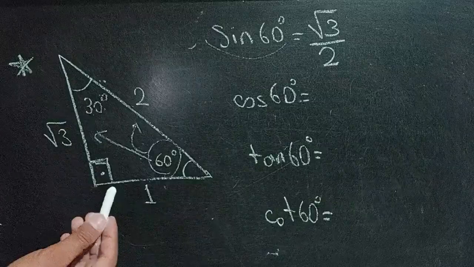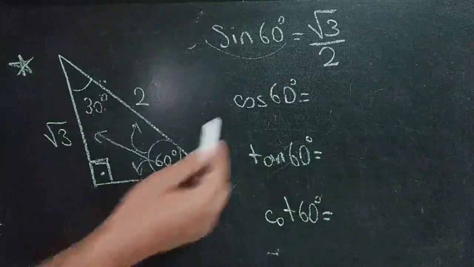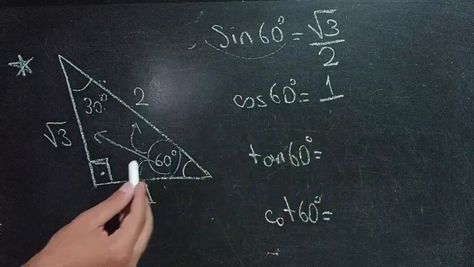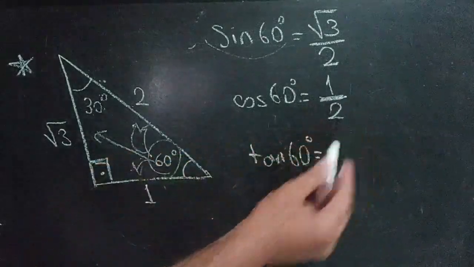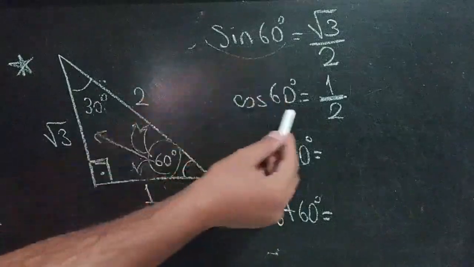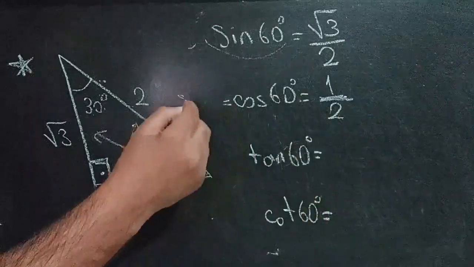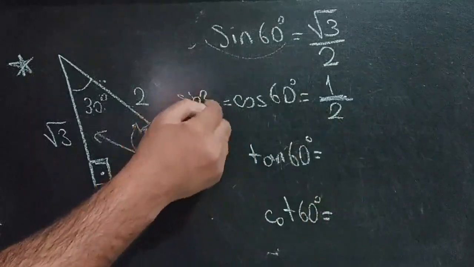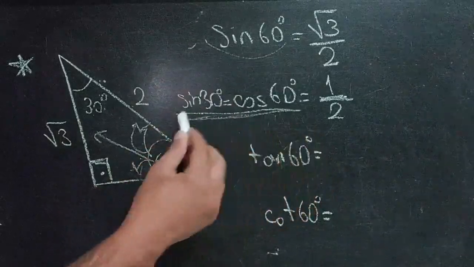So cosine is going to be adjacent 1 over hypotenuse 2. So if you remember, sine 30 was 1 over 2. So that means sine 30 and cosine 60 are the same.